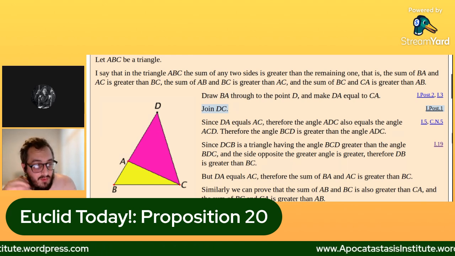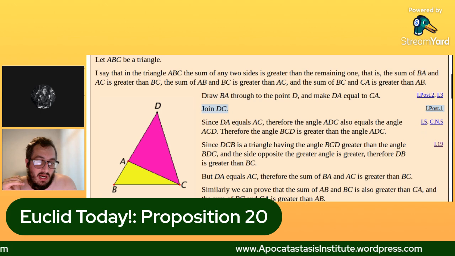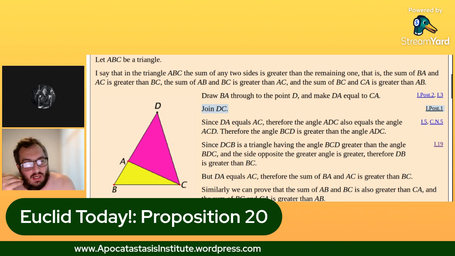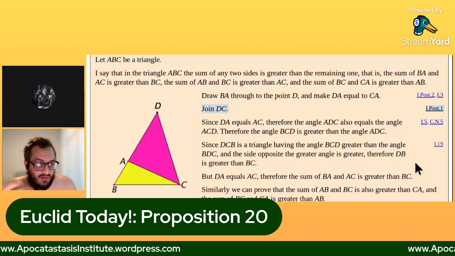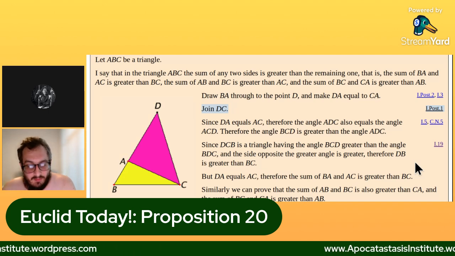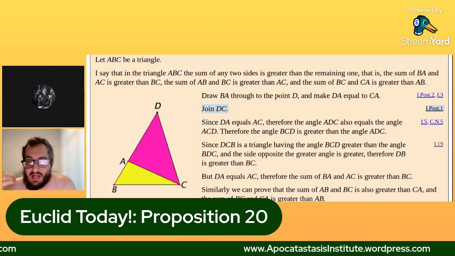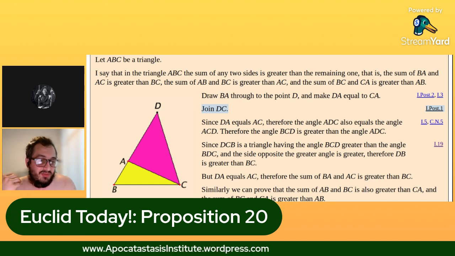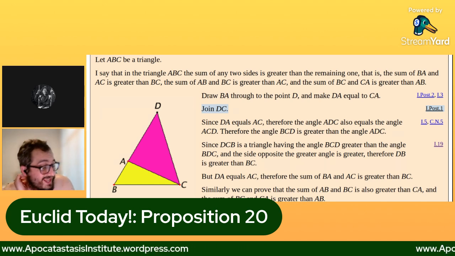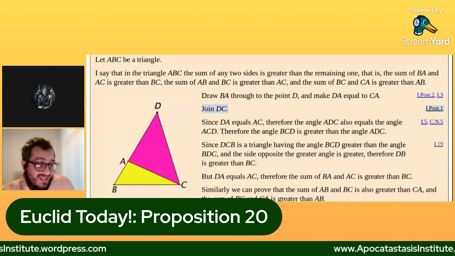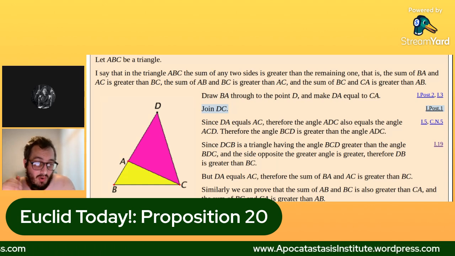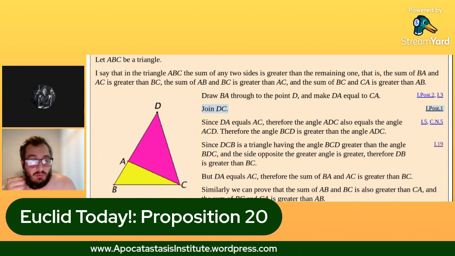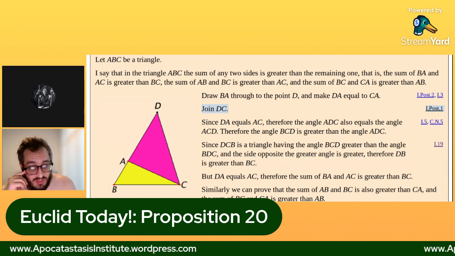All right. Once we have that, we're now going to start reasoning. Since they equal each other, as we proved way long ago, back in proposition 5, the two corresponding opposite angles have to match. So ADC and ACD both have to be equal. Since we're setting their sides to be equal, those corresponding angles have to be equal to each other.